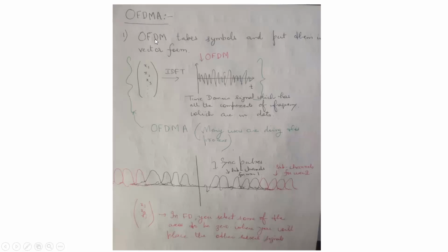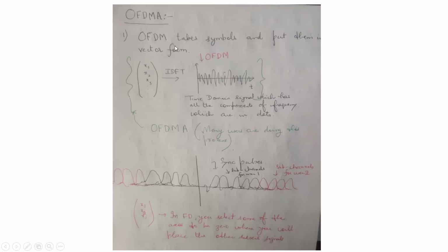Now, what is OFDM? OFDM is a basic modulation technique, which is orthogonal frequency division multiplexing. It takes symbols, which are the digital data, and puts them in vector form. So the symbols are taken and put in vector form x1, x2, x3, and so on. This is done by one user, and this bracket here shows that the same process is done by different users, right?